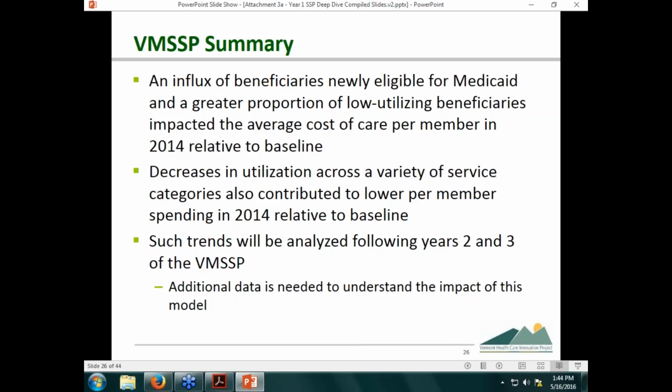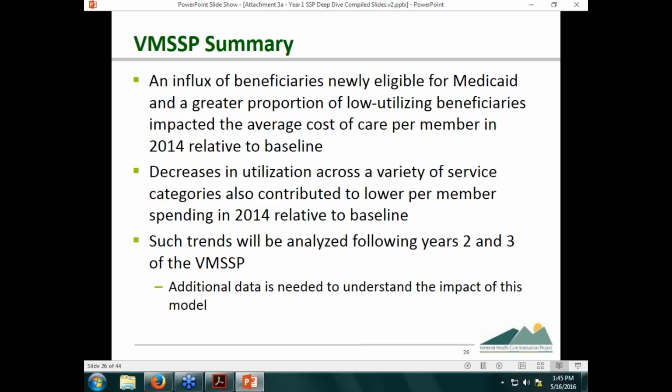We also observed some decreases in utilization across a variety of service categories. These also contributed to lower per member spending in 2014 relative to the baseline year. We will continue to analyze these trends following the second and third performance years of the program. And I think, much as Kelly and Richard were saying, we really need additional data to fully understand the impact of this model.